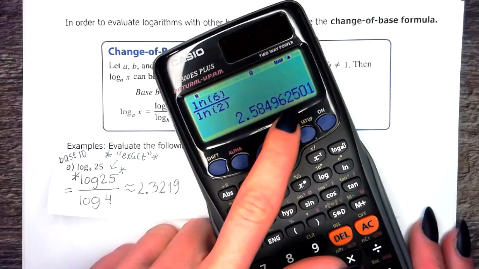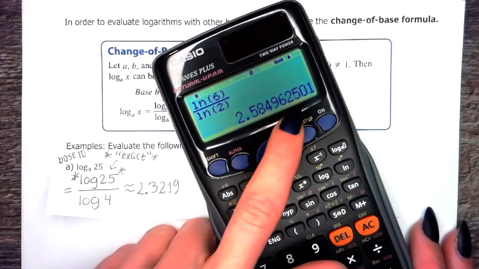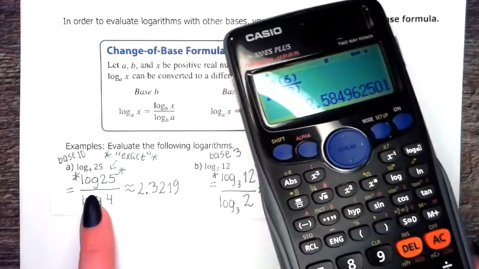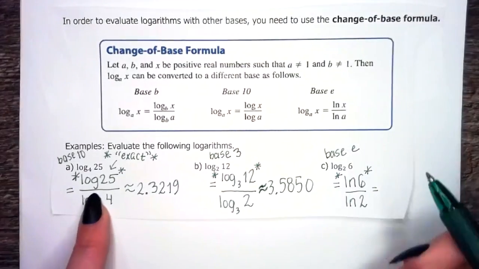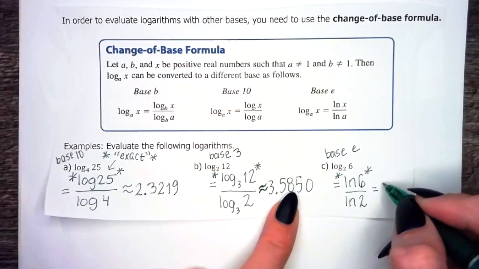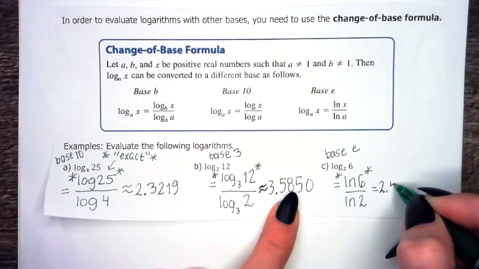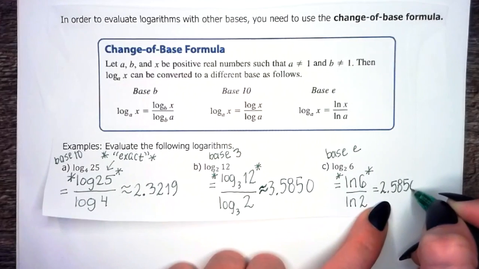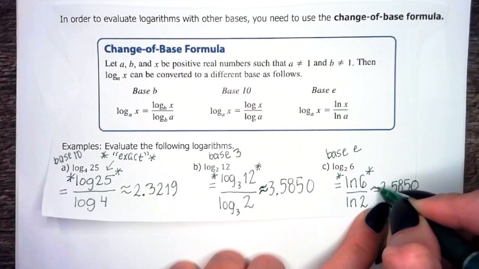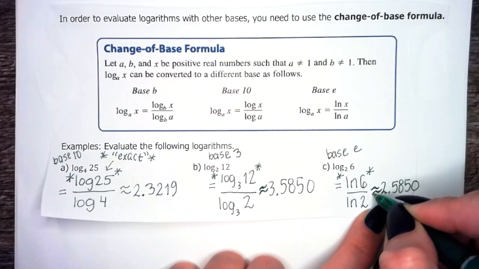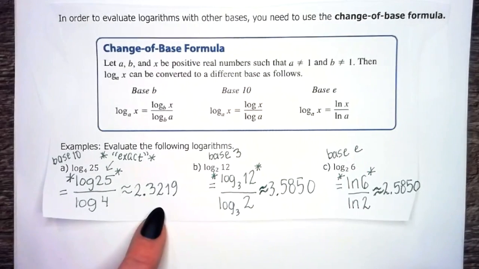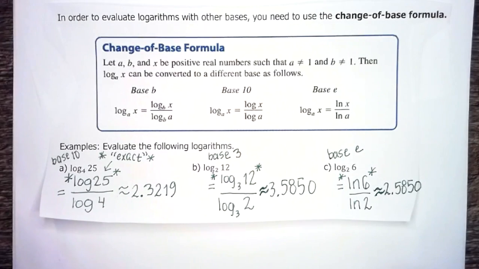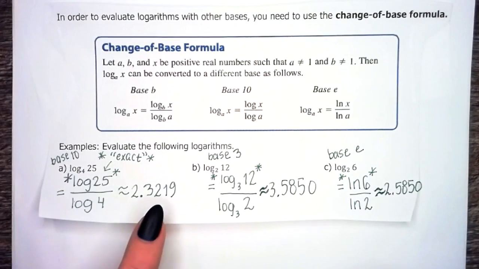So in this case, we also have that 6 turning the 9 to a 0, 5850. Interesting. And that's all it is. That's your change of base formula as a simple example.